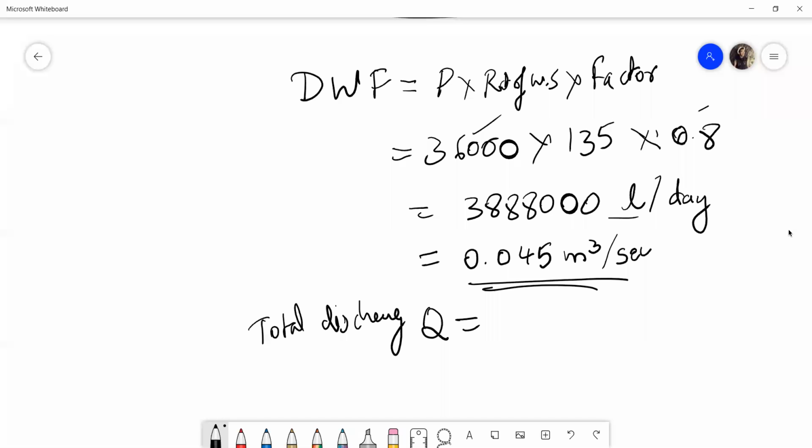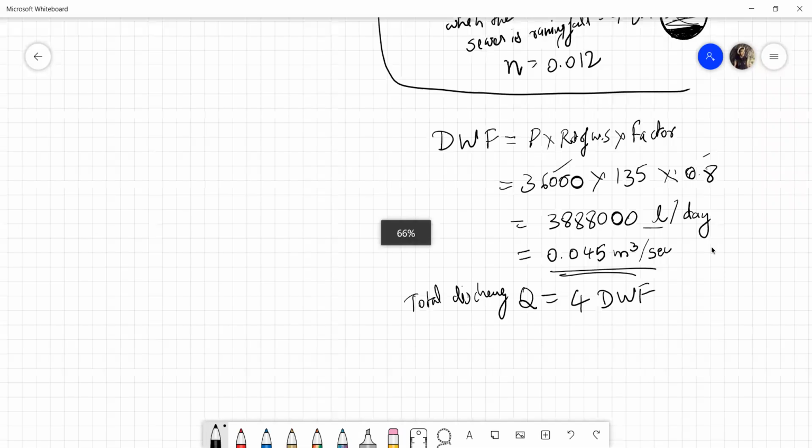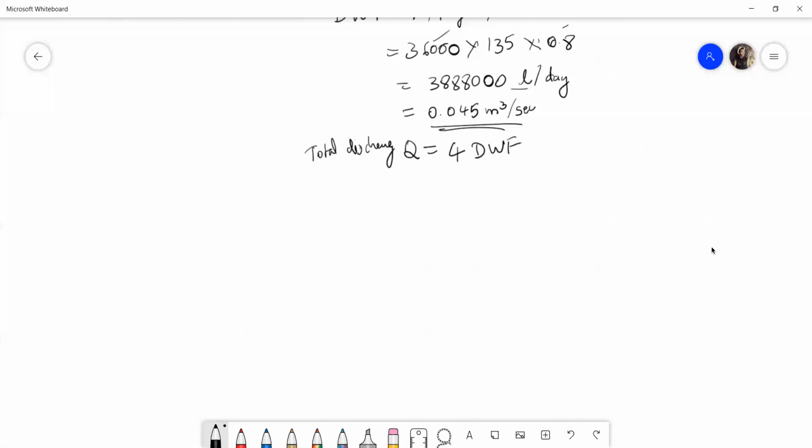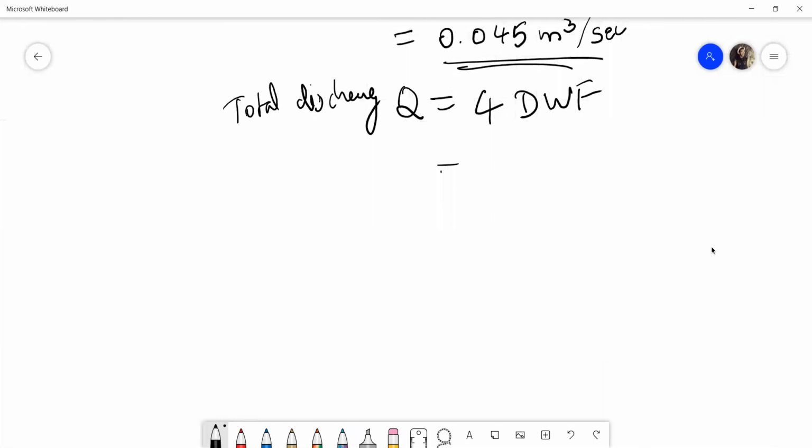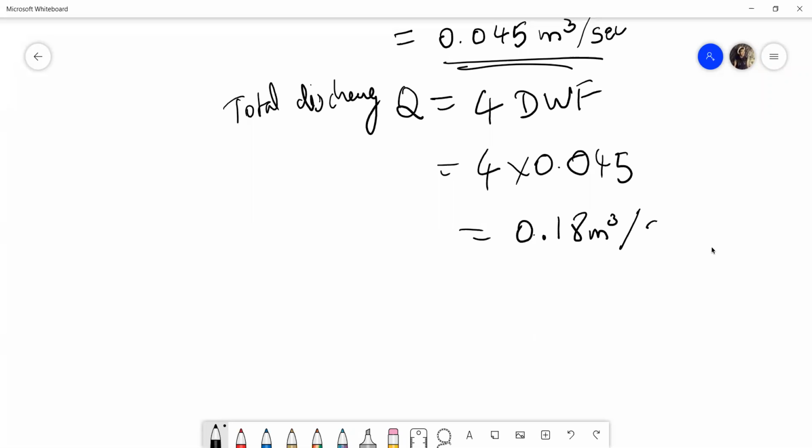Total discharge Q is equal to 4 times the dry weather flow. It is 4 times 0.045, 4 multiplied by 0.045, which will be equal to 0.18 meter cube per second.